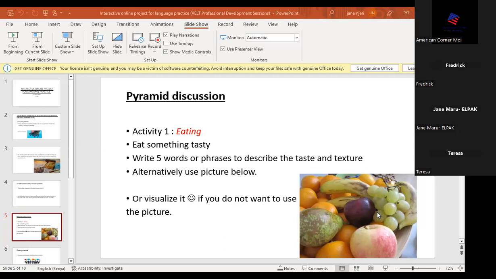Then think about how it feels, how it tastes, its color, and write 5 words and 5 phrases to describe it. I hope I am clear. Yes, thank you so much. So I'm giving you 2 minutes to eat and to write down what you have eaten, describing it to us.